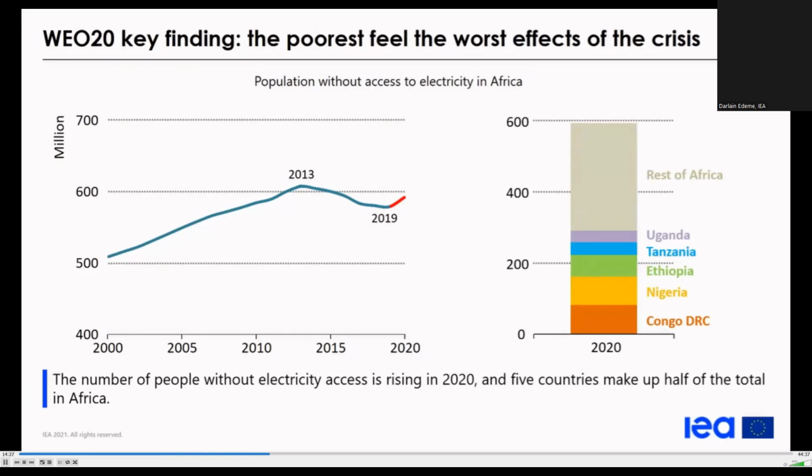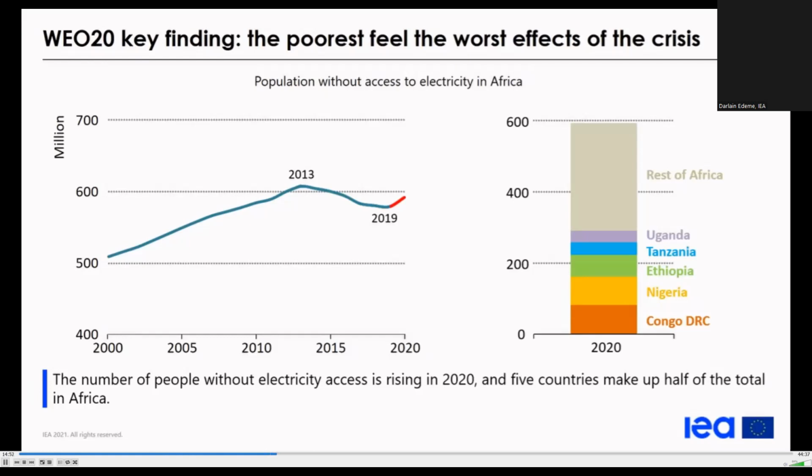And on the right part of the slide, you would see how those numbers of people without access are broken down by country, and 5 countries, DRC, Nigeria, Ethiopia, Tanzania, and Uganda, are actually concentrating half of those African people without electricity.